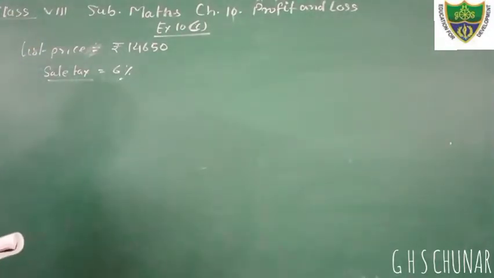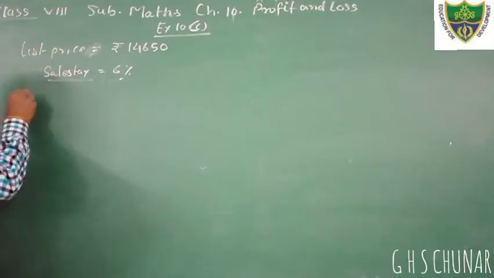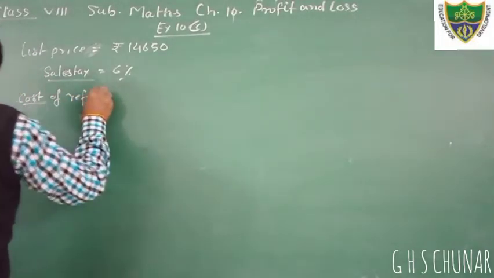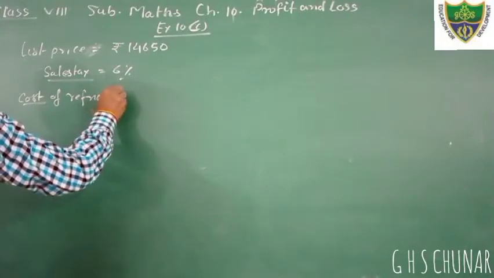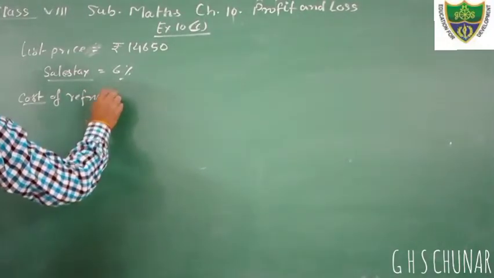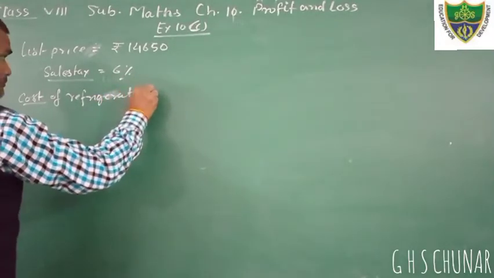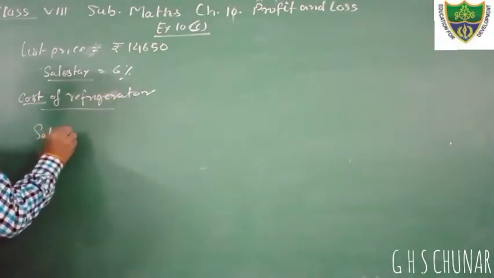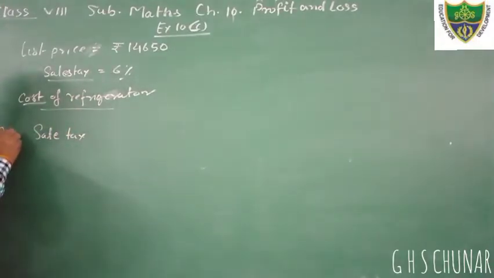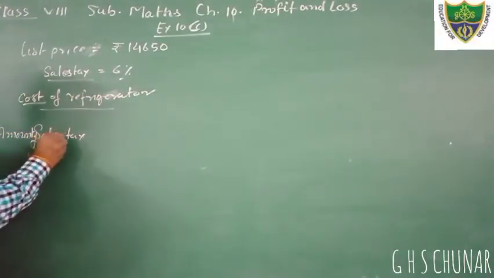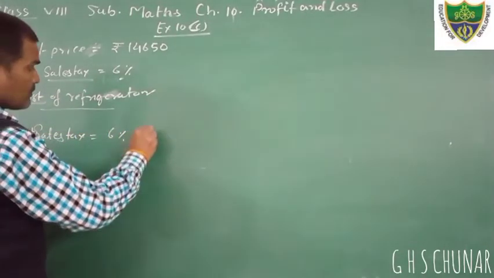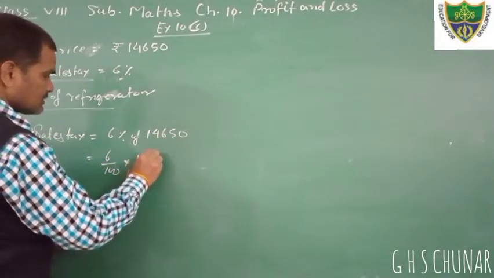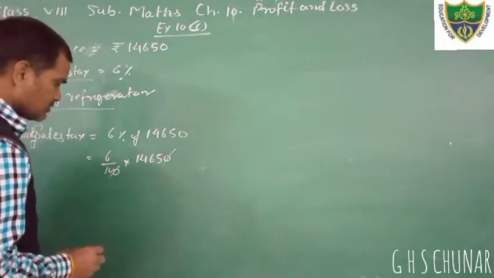So what will be the cost of the refrigerator? The amount of sale tax is 6% of 14,650, that is 6 upon 100 into 14,650. 0 is cancelled by 0.